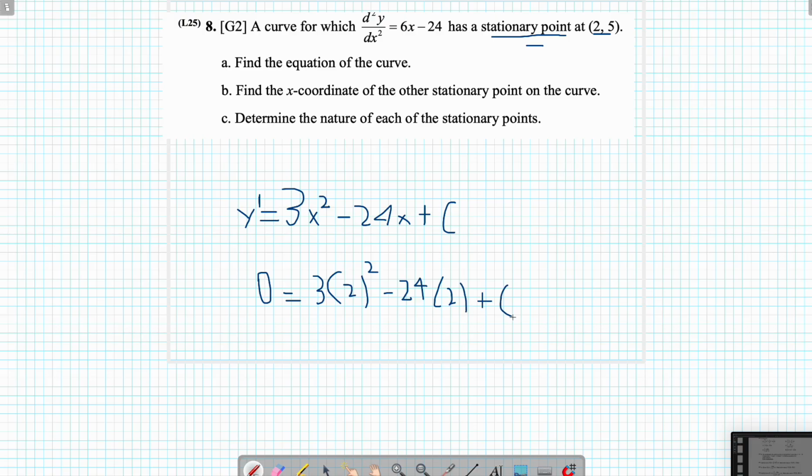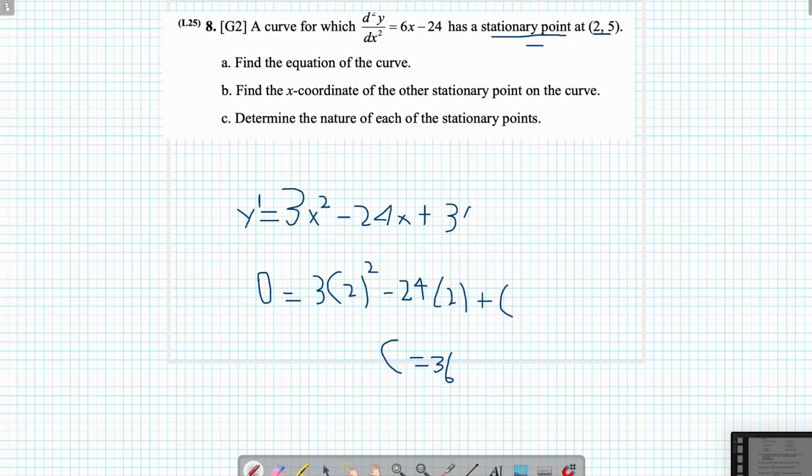Then you're gonna plug this into the calculator. So 0 is equal to 3 times 2 squared minus 24 times 2 plus c. And then c is equal to 36. So then let's substitute here by 36.